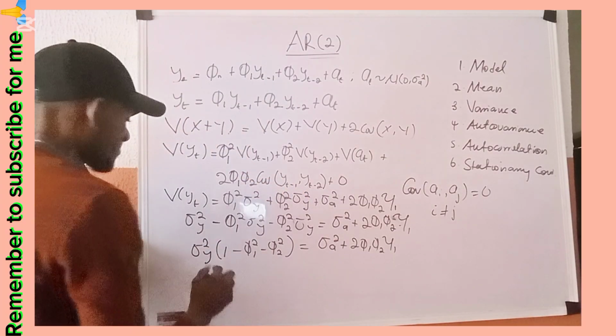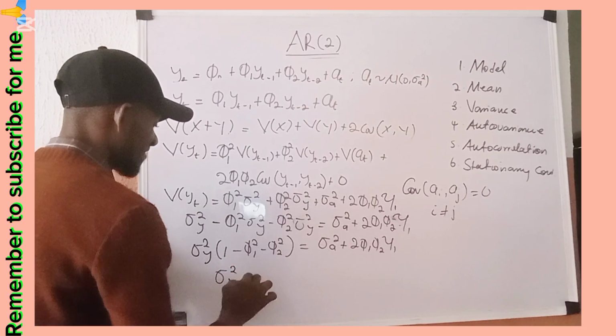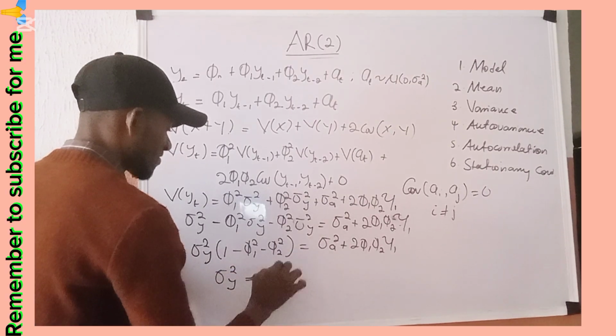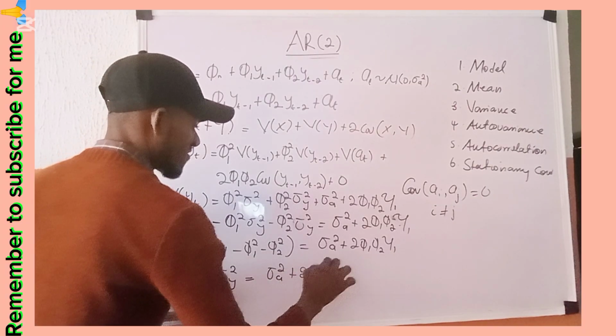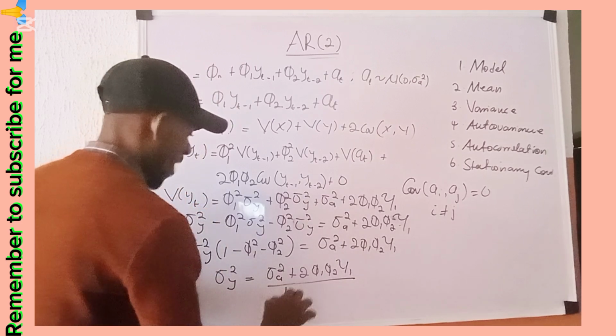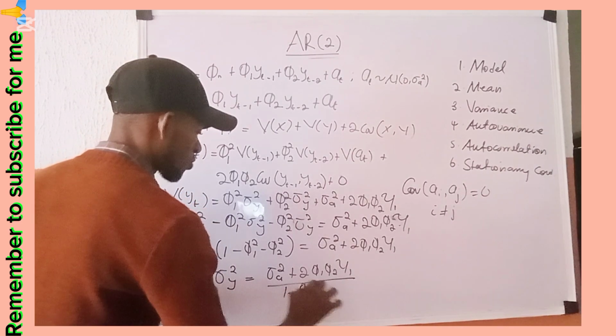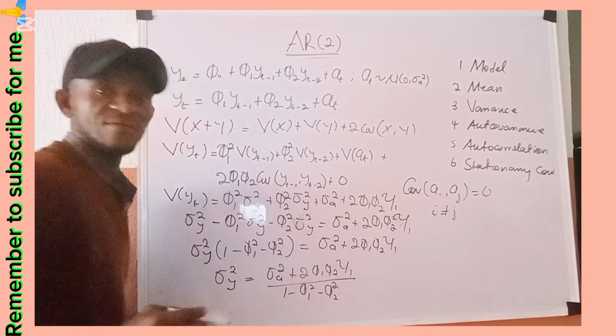And making sigma squared of y stand alone, you have sigma squared of y is given as sigma squared of a plus 2 phi 1 phi 2 gamma 1, all over 1 minus phi 1 all squared minus phi 2 all squared.